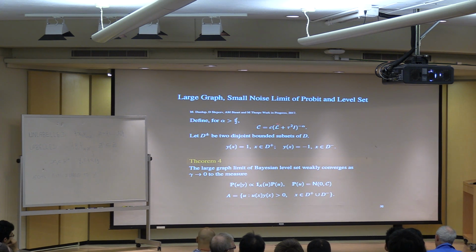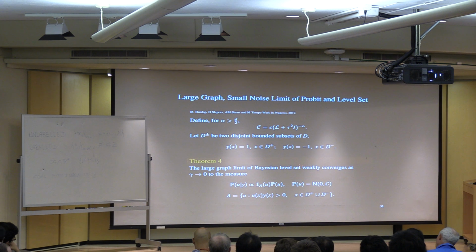Sorry, L is a differential operator, C is a covariance operator, which is this differential operator to the power minus alpha. And provided alpha is bigger than d over 2, the Gaussian process with this covariance C, that's written here, is supported on continuous functions. And that's a sharp result.